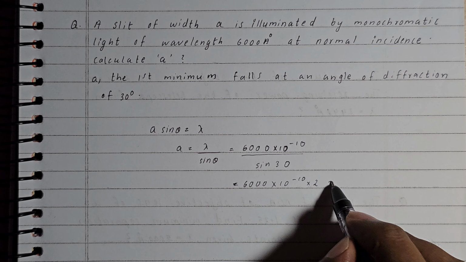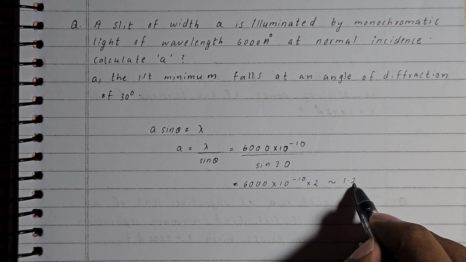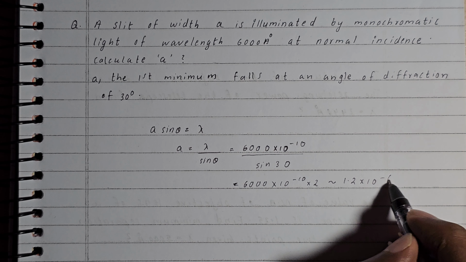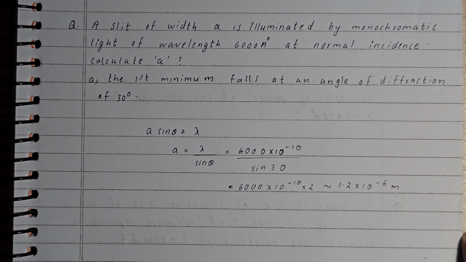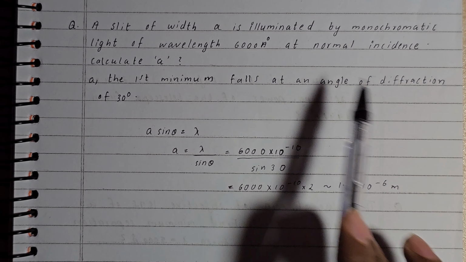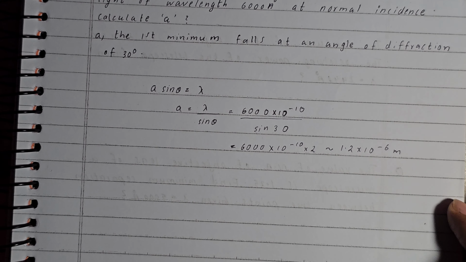That is approximately 1.2 times 10 to the power minus 6 meter. So the slit width for a wavelength of 6000 angstrom is 1.2 times 10 to the power minus 6 meter.